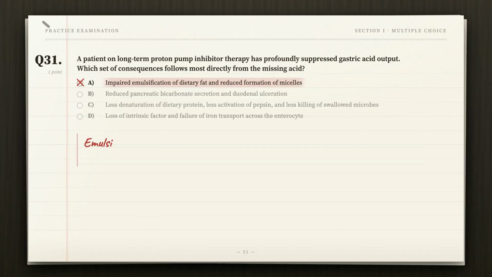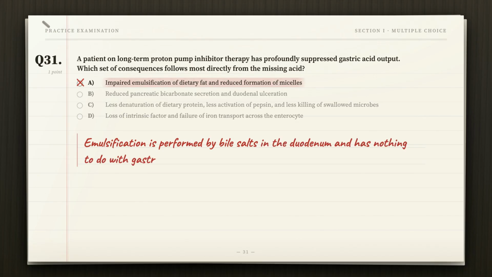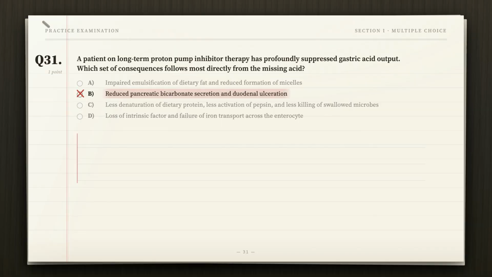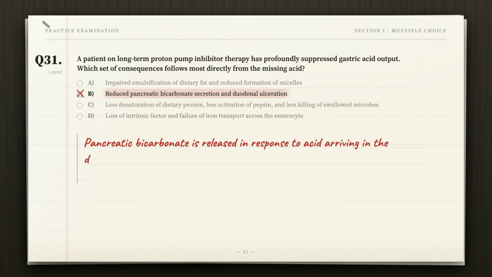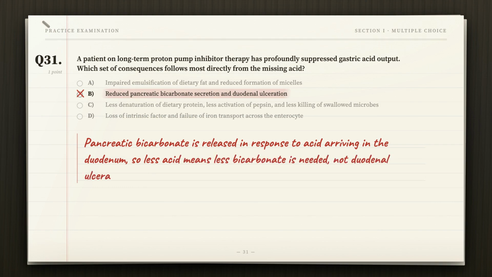A is wrong because emulsification is performed by bile salts in the duodenum and has nothing to do with gastric acid. Fat handling is largely unaffected. B is wrong because pancreatic bicarbonate is released in response to acid arriving in the duodenum, so less acid means less bicarbonate is needed, not duodenal ulceration.